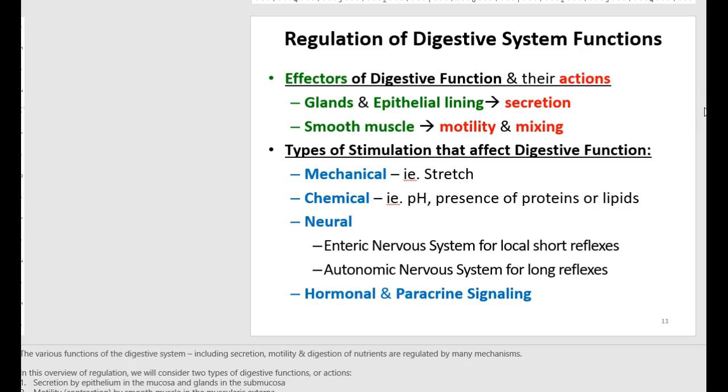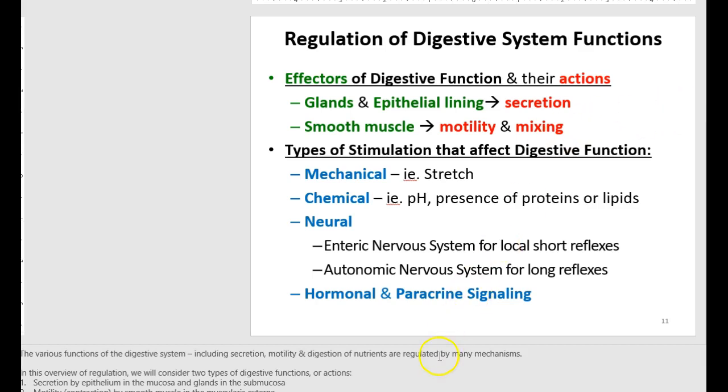So digestive system functions vary. We have a general scheme for the wall of the alimentary canal. Now we want to look at how different functions of the digestive system can be regulated or controlled. So let's recall the different functions. The different functions would be secretion, motility, and then absorption or digestion of the nutrients.